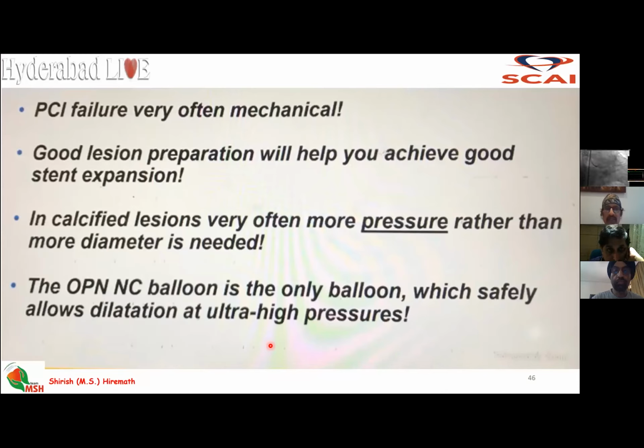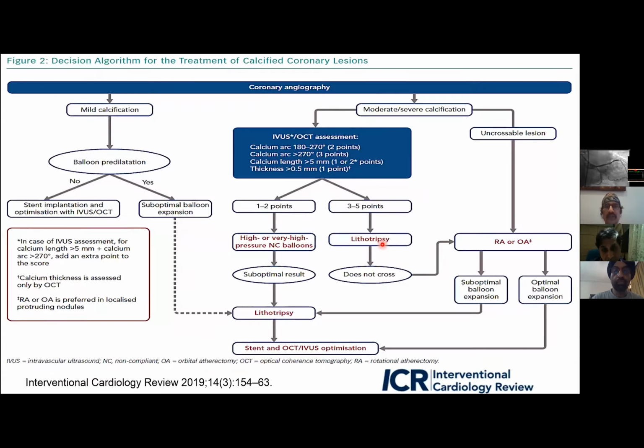It is not the balloon diameter, but it is the pressure that you use on OPN. So for bed preparation, maybe you go one quarter size or half size down. There are no quarter sizes, so half size down, and go very high on pressure. While post-stent, you can go 1-to-1 and go high pressure for a fuller expansion.